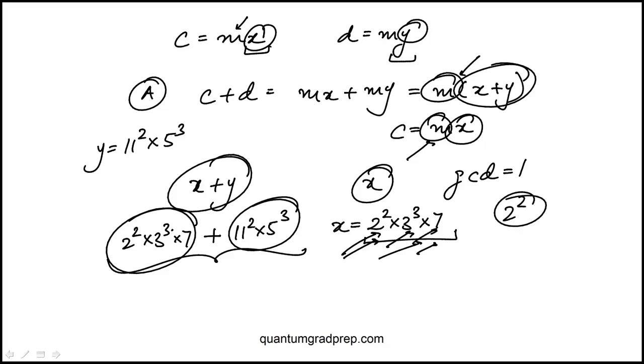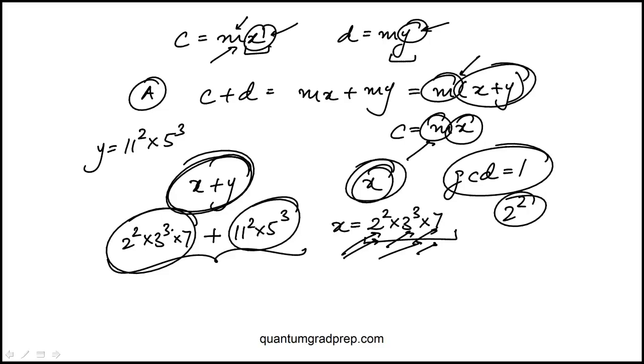None of those would divide both of these numbers. So the greatest common divisor of x plus y and x is 1, provided x and y do not share any primes. And the way we wrote this out, because m is the greatest common divisor, it contains all the common pieces that c and d share. And so that's the reason why c plus d and c must have m as the greatest common divisor.